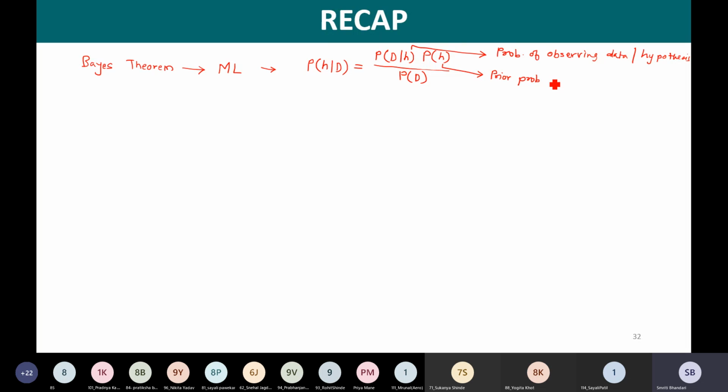Probability of H is the prior probability, or the initial probability of hypothesis H. So this probability is before observing data.